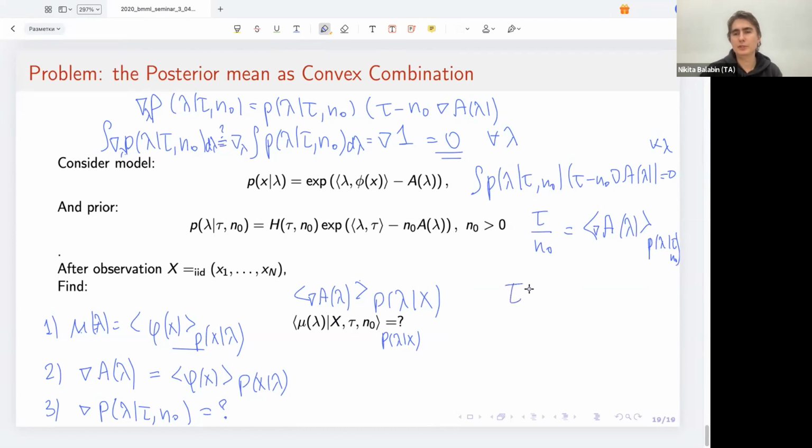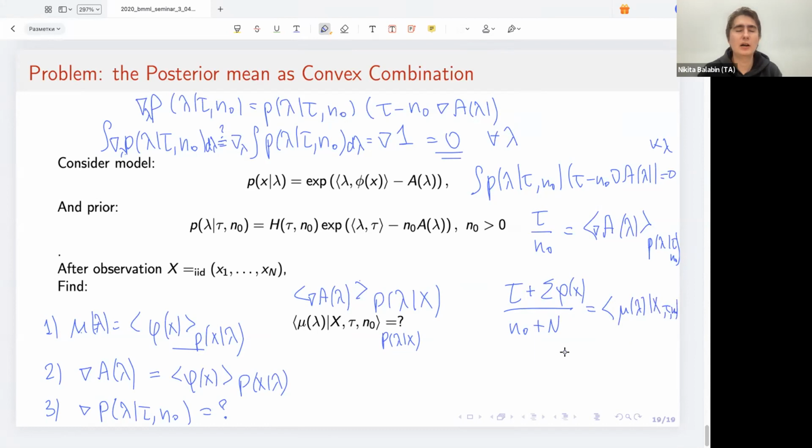So we have such new parameters, and this term with respect to the posterior distribution.